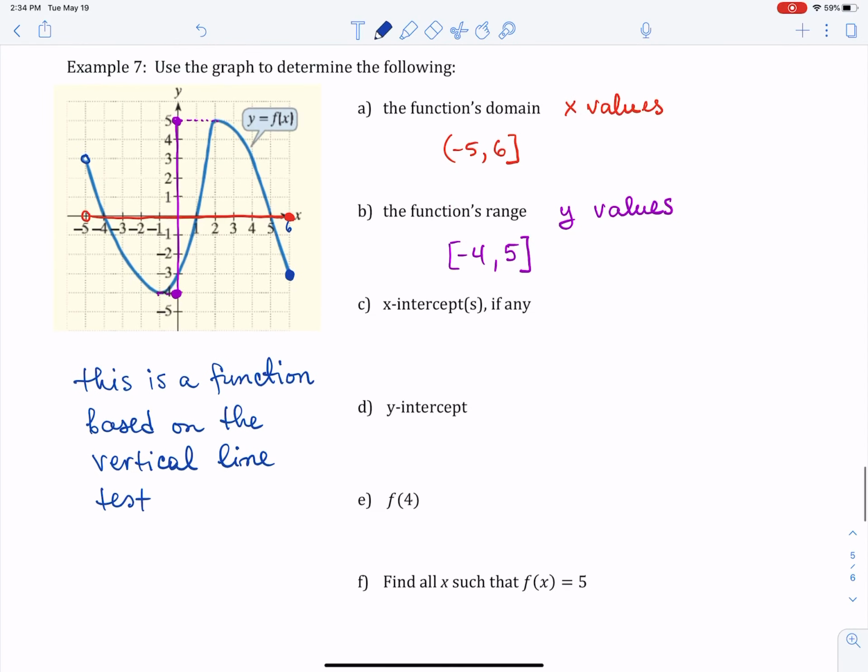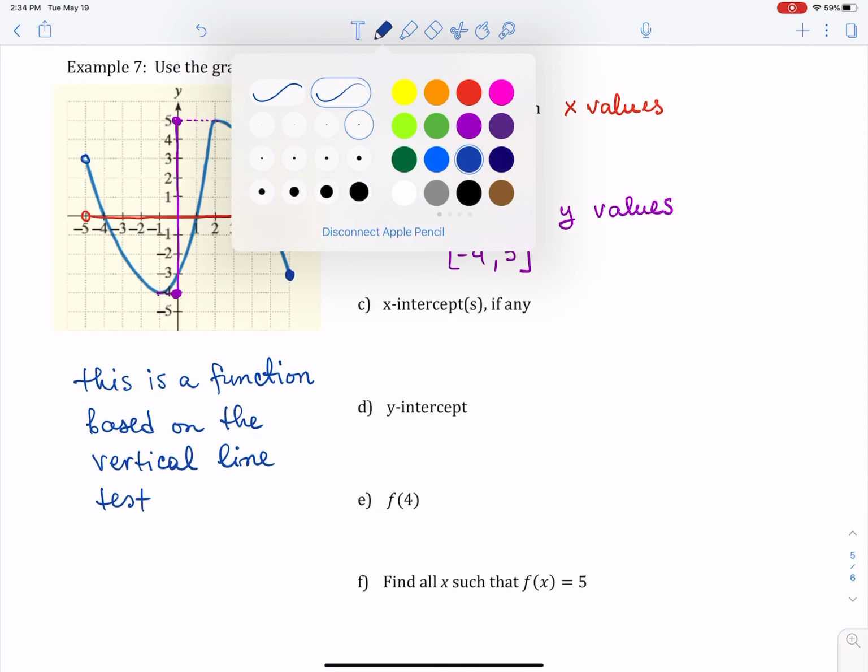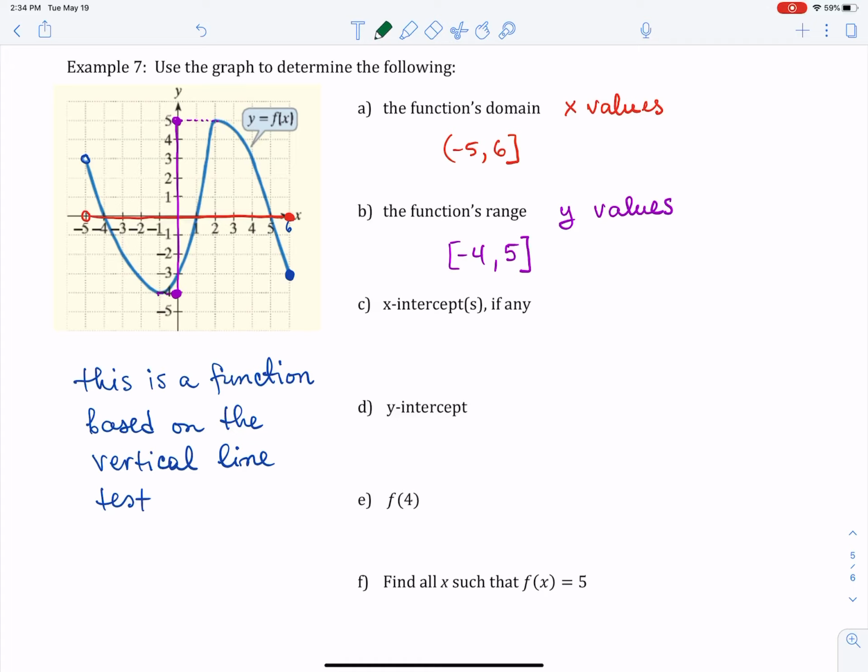Well, let's answer the question, what are the x-intercepts? For the x-intercepts, I'm looking on the x-axis. Where exactly does this function cross the x-axis? I can see this is one point of intersection, and this is another, and that's another point of intersection.